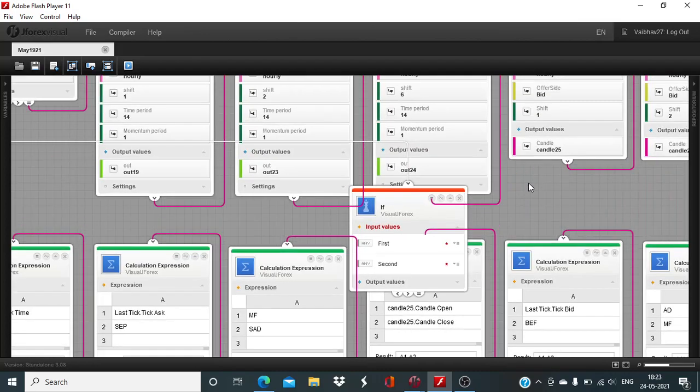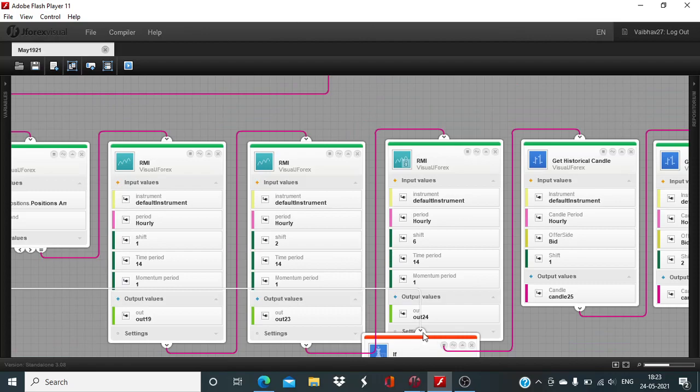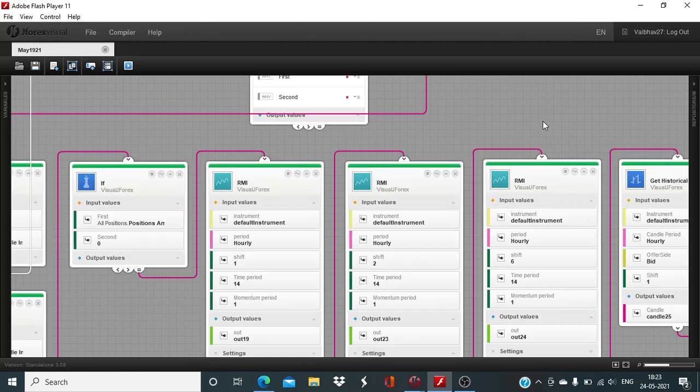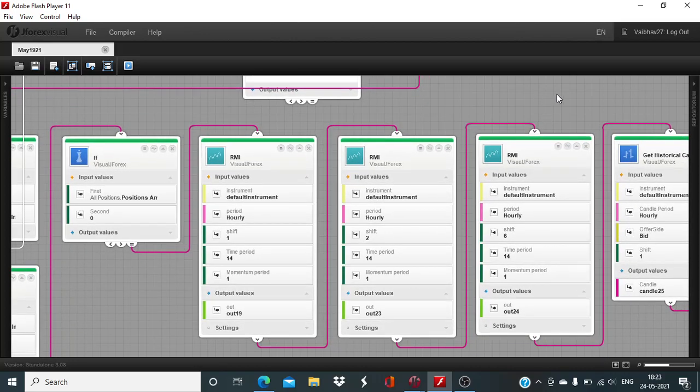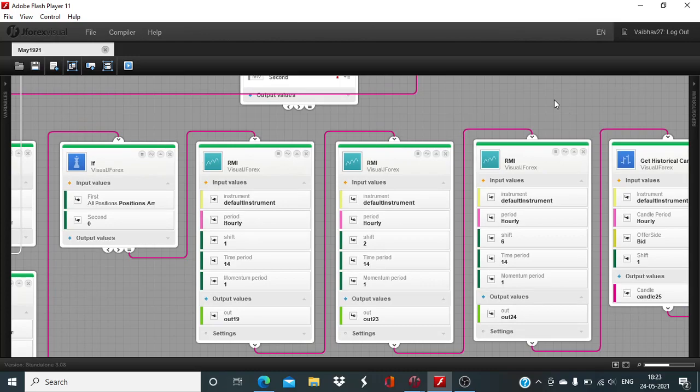The RMI value for the penultimate hour should have been above 40 but below 50.